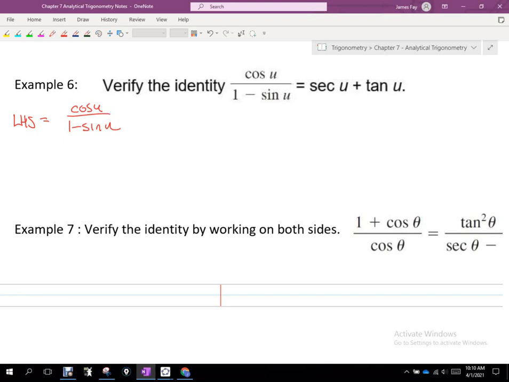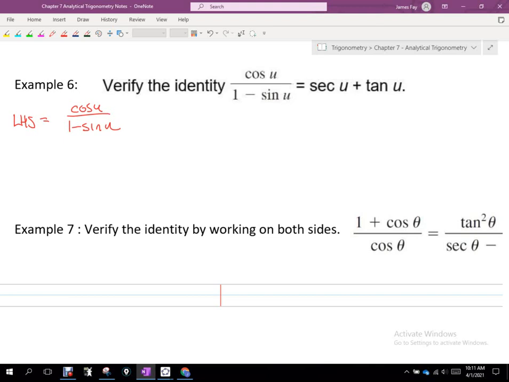Or sine. So I can't do that. There's no substitution there. And there are no powers of 2 to make Pythagorean substitutions. Okay? So what we have to do is something creative so that it generates one of those scenarios for us. Do something so that it generates maybe the ability to rewrite something with sine and cosine, or do something that maybe gives the ability to use a Pythagorean identity.